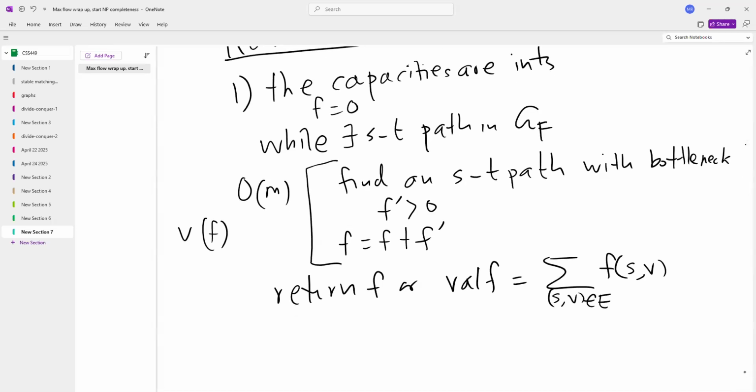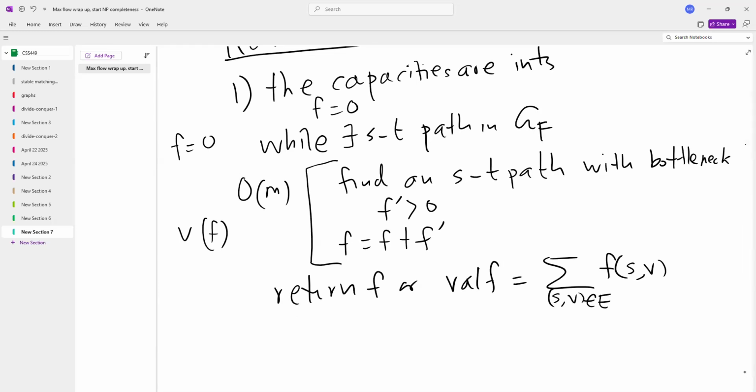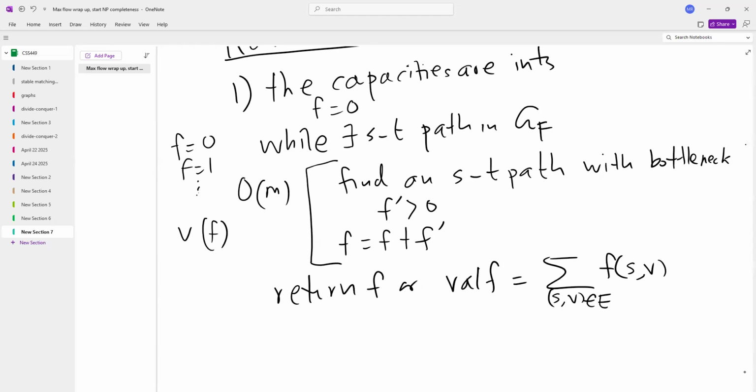But to reach that, I start with f equal to 0, right? And then if I am unlucky and the first path has bottleneck capacity 1, then the flow can only increase by 1. So flow goes from f equal to 0 to f equal to 1 and so on, and it's going to terminate when I actually reach the value of the flow that I expect from the algorithm, which is going to be f equal to V of f.